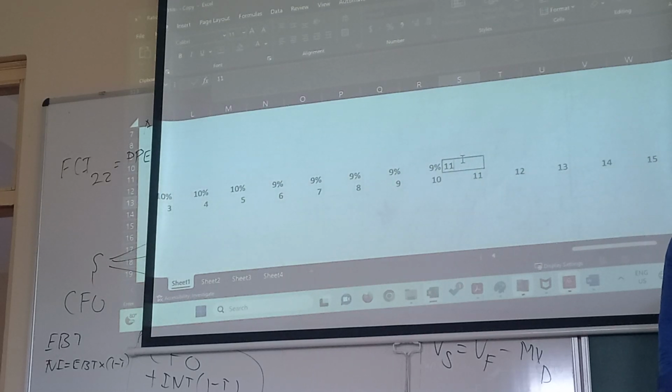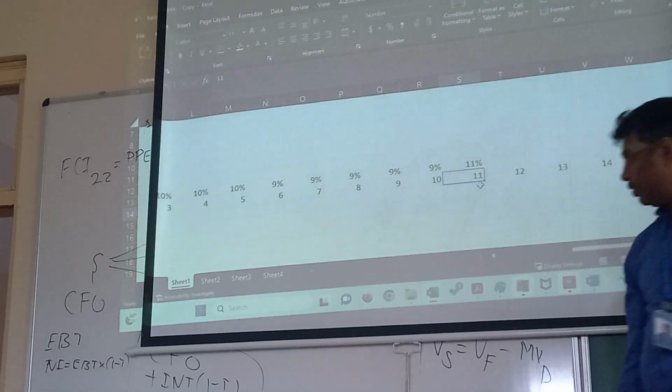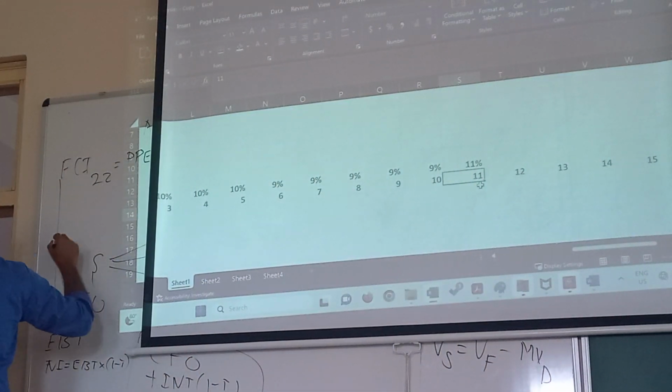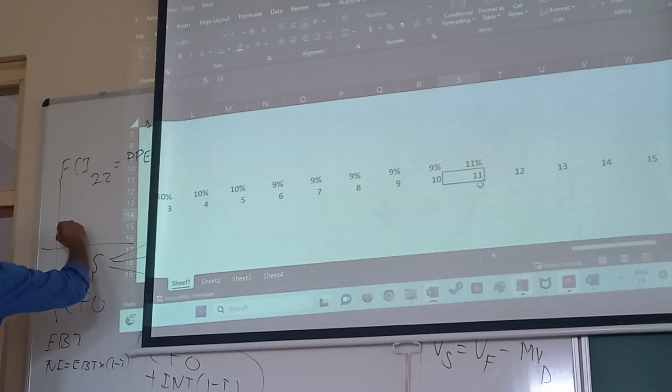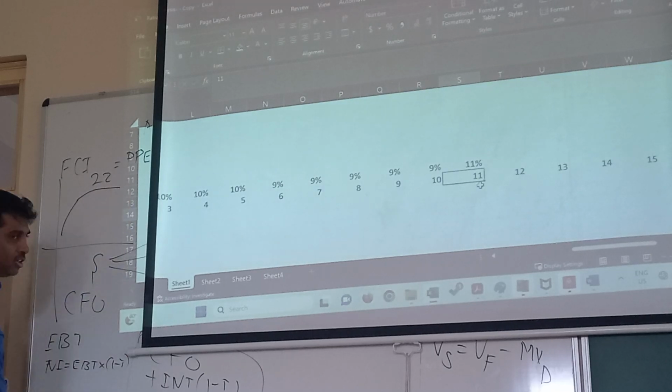So you need to project it, but ideally the growth rate will be going down. Remember, that's why I told you yesterday I drew you the industry life cycle. It will have a high growth, then the growth rate will flatten and go constant.